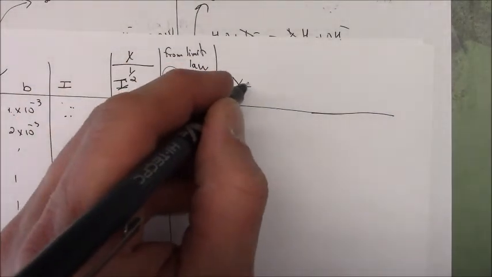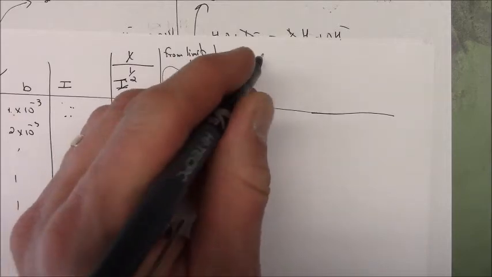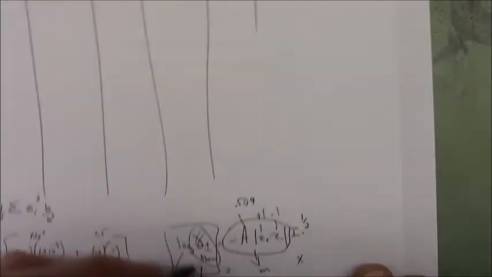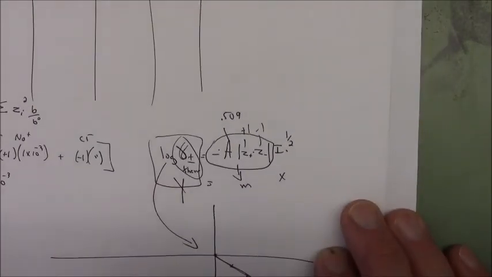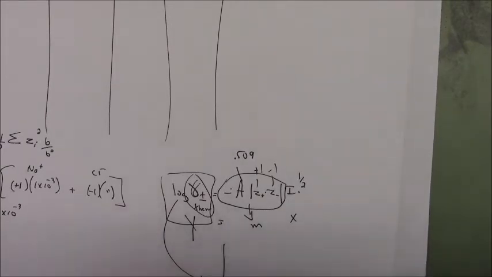You'll also have the experimental values that you were given. So in other words, the calculated from the limiting law will give you a perfect straight line right through zero. And it turns out, as I understand it, the data you were given will look more like this.